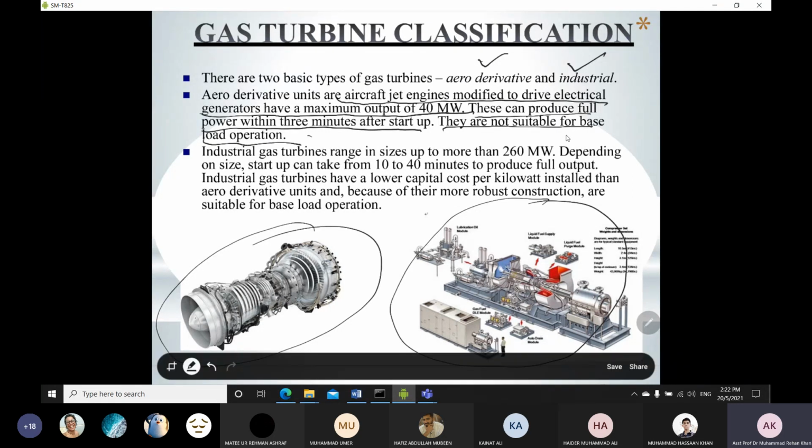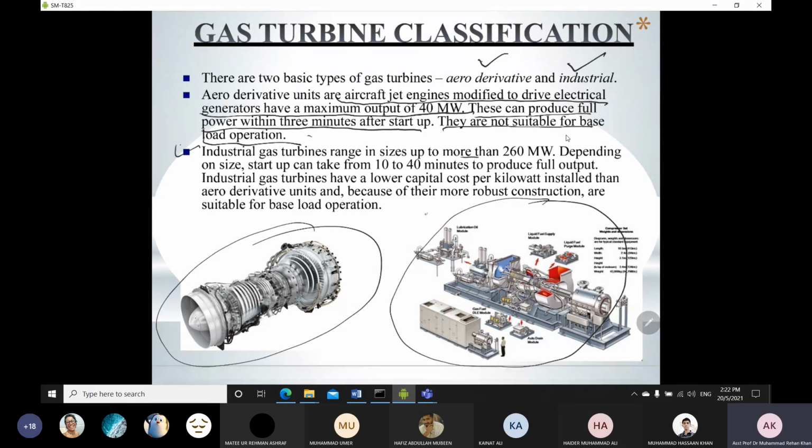In comparison, industrial gas turbines range in size to more than 260 megawatts. Depending on the size, startup can take from 10 to 40 minutes to produce the full output. Industrial gas turbines have lower capital cost per kilowatt installed than aeroderivative units because of their more robust construction, and are suitable for base load operation.